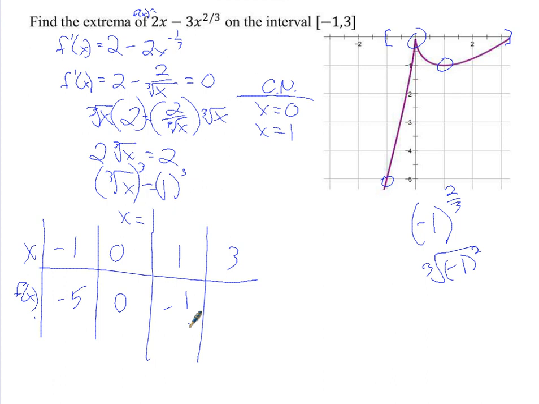If I plug in 3, I'll get 6 minus 3 times 3 to the 2/3 power. 3 squared is 9. The cube root of 9 is, what number times itself 3 times gives me 9?